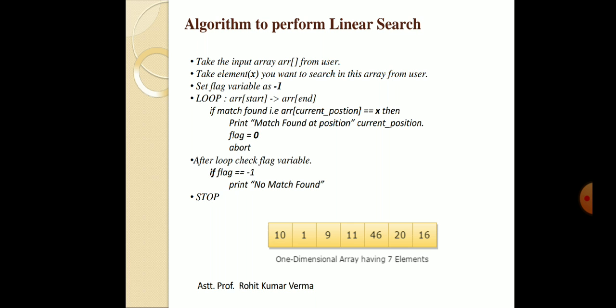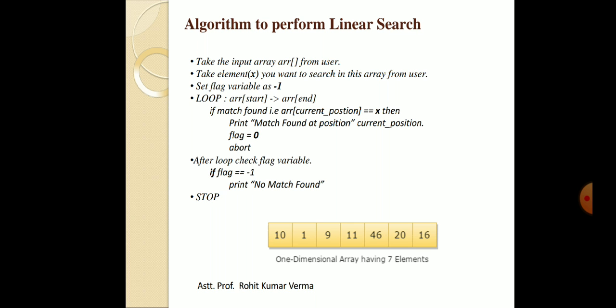That is our initial index address is 0. Then at the initial address we have a value that is 10. In that case, dear students, you can see we are searching for the element 46, and 46 is not equal to 10. In that case, our search is unsuccessful.